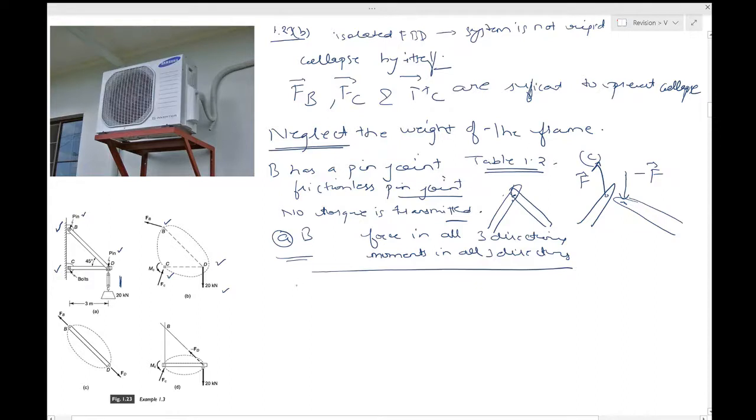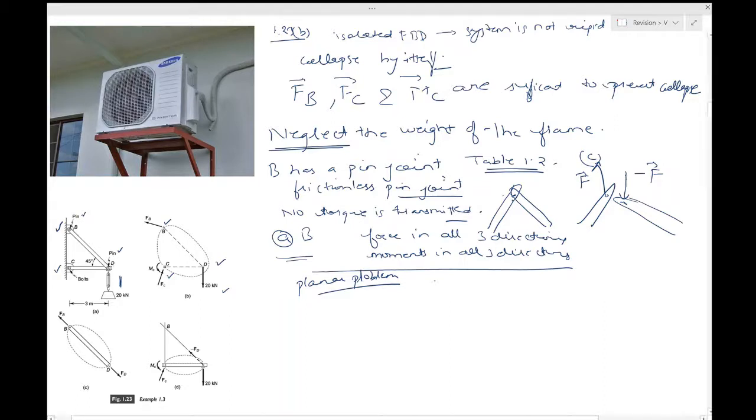But since it's a planar problem, since the frame lies in a single plane, the plane of your screen, and the load at D, 20 kilonewtons, is also lying in the same plane, it is reasonable to expect that all forces of any consequence will also lie in this plane, meaning FB, FC, all of them should lie in the same plane.